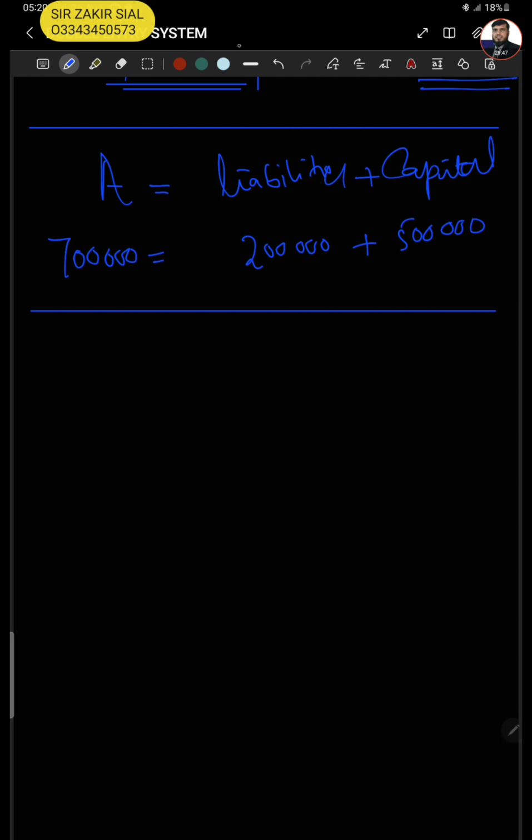Now we discuss how we can record transactions in the accounts in the double entry system. Rules of debit and credit.